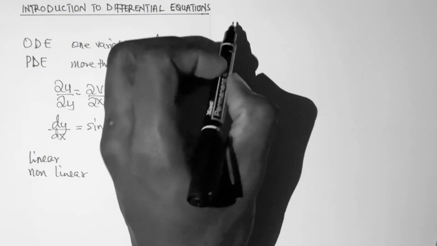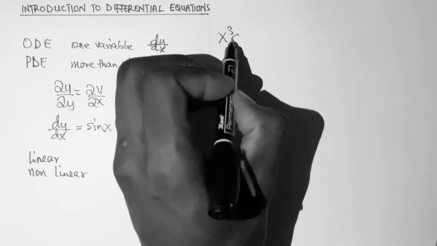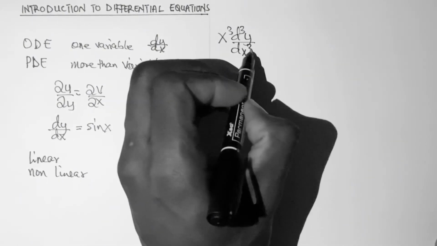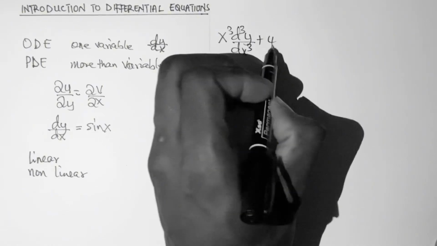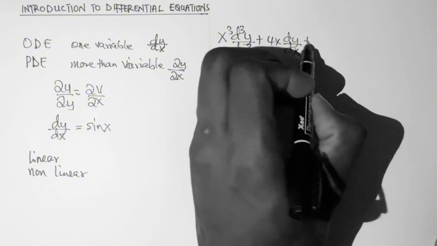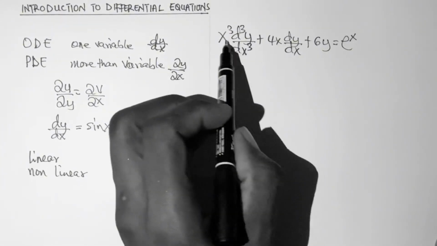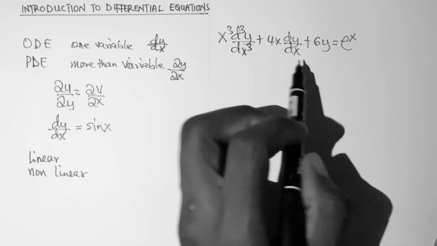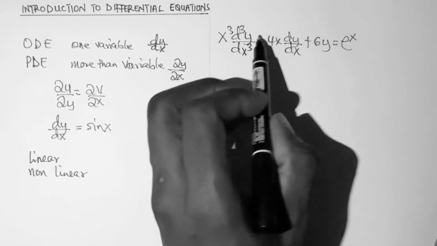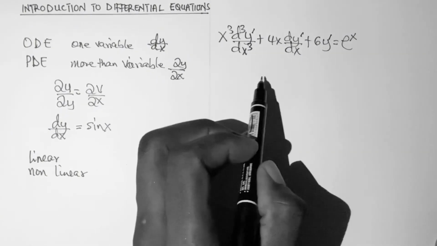So let's take some examples and understand the differences between linear and nonlinear differential equations. For example, if you have a differential equation like x cubed d³y/dx³ plus 4x dy/dx plus 6y equals e^x. You see that with this differential equation, y and all its derivatives are of power 1. Here is y to the power 1, y to the power 1, y to the power 1.